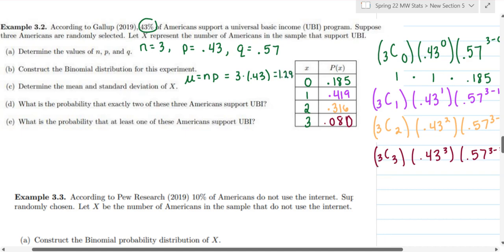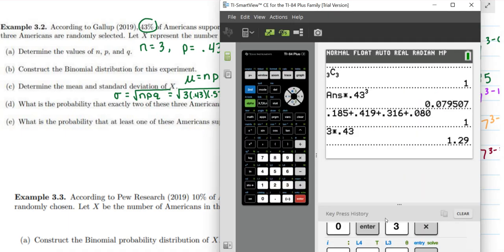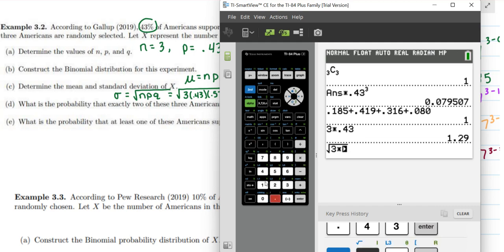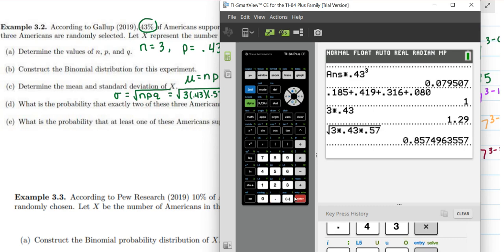And then the standard deviation is the square root of npq. Okay, so that's the square root of 3 times 0.43 times 0.57. So we'll put that in just like that. So square root 3 times 0.43 times 0.57. Get 0.857.